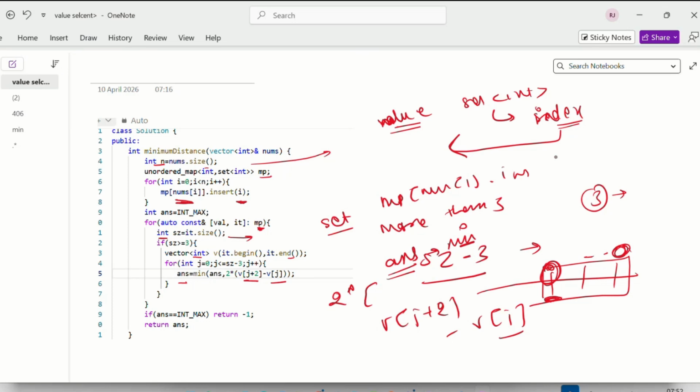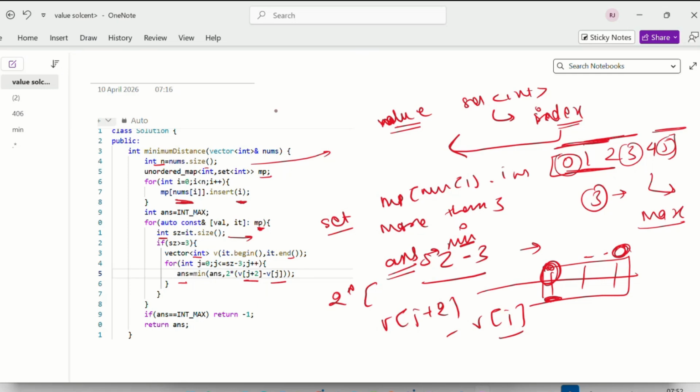Suppose there are many values in indices, like 1, 2, 3, 4, 5, 6; we will try to find for every three elements. Because if we try for this, then this, then that value, the difference will be maximum. But in this case, we need to find the minimum value. So we will try for adjacent indices only, then only we will get the minimum value.